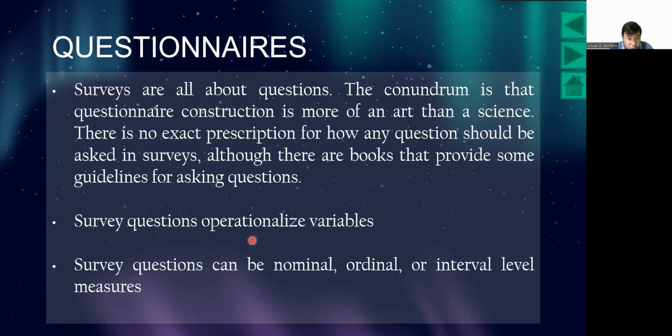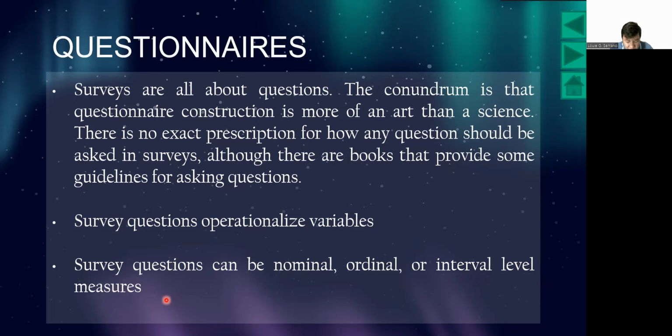And then survey questions operationalize variables. Ito yung mga independent variables is one a behavior, attitude, or need, while the dependent variable is what is being explained or accounted for. And then survey questions can be nominal, ordinal, or interval level measures.